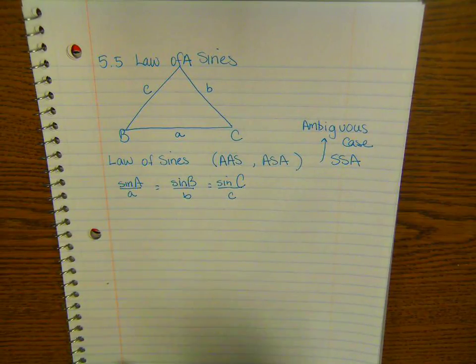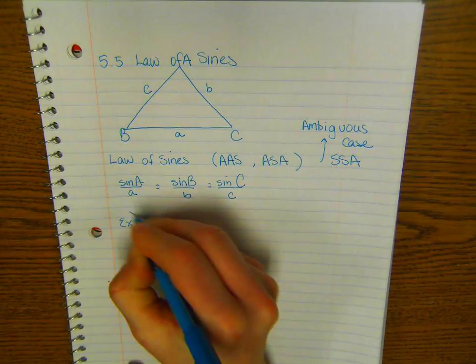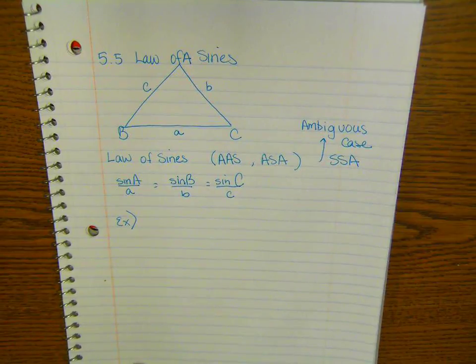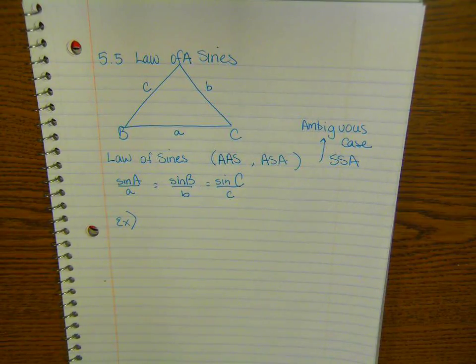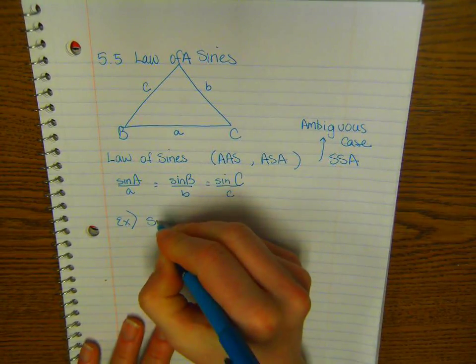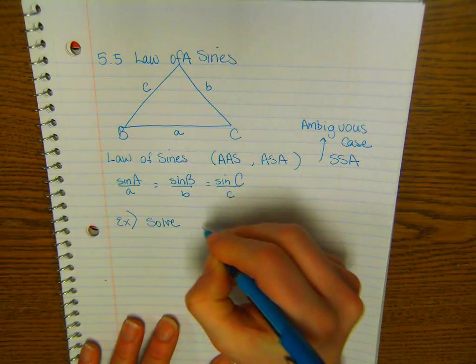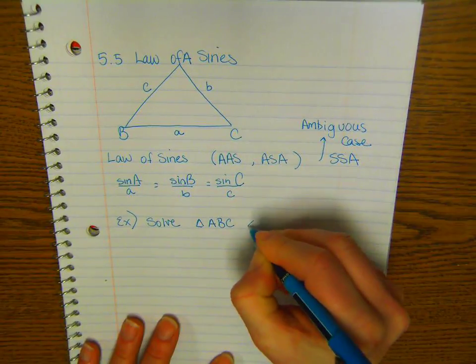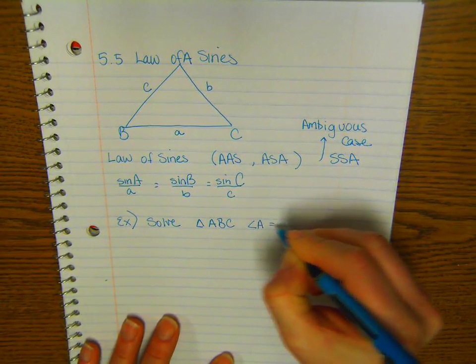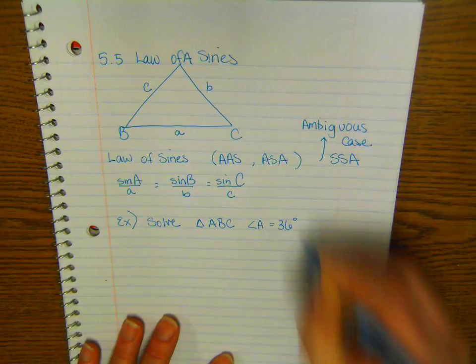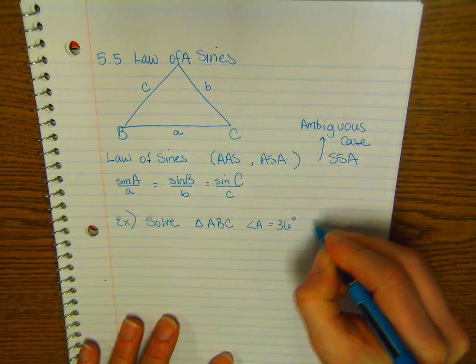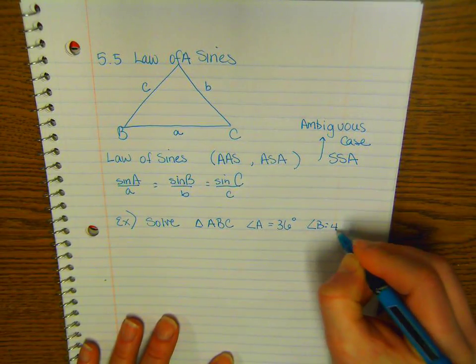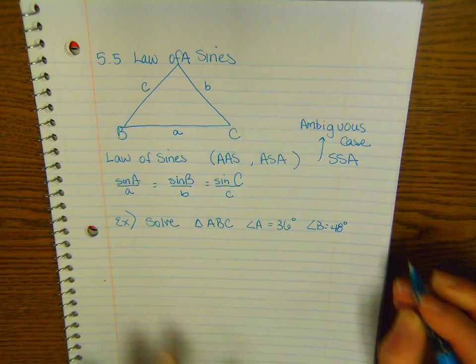Here we go. Is your calculator in degree mode? Then we're going to use law of sines to solve triangle ABC with angle A equal to 36 degrees, angle B equal to 48 degrees, and side a equal to 8.